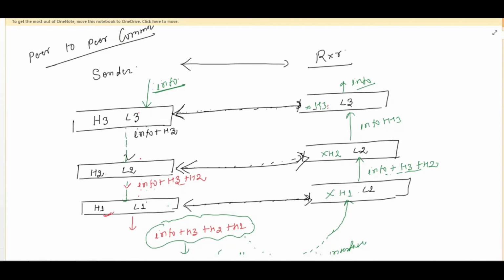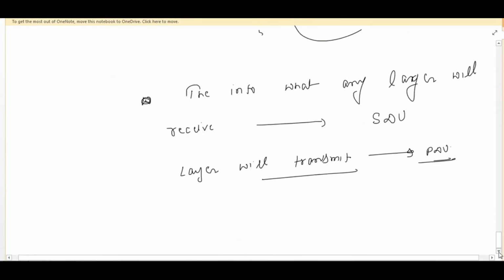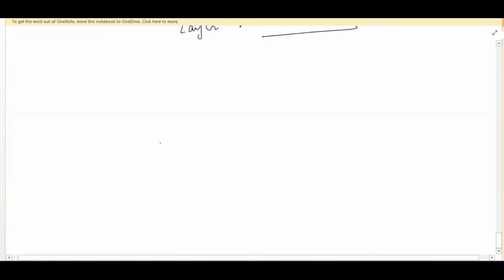Suppose we are talking about one layer, with the same example, say layer 3. In layer 3, what we have seen is that it's receiving the information, info.